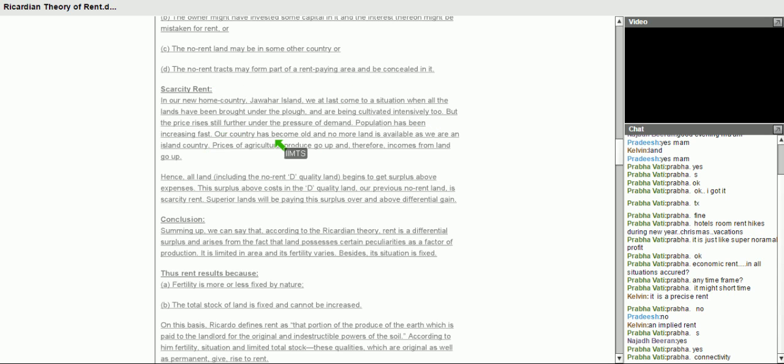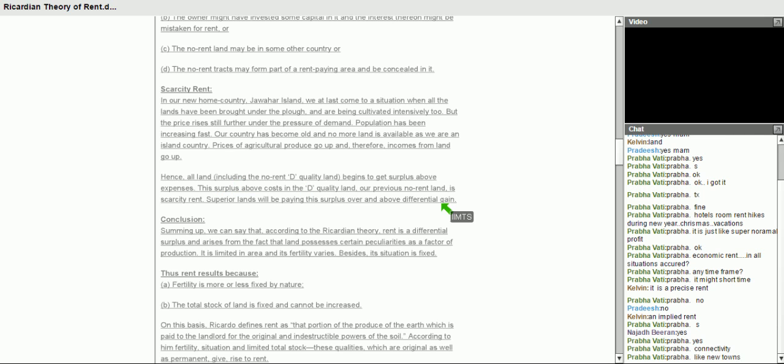But the price rises still further under the pressure of demand. So population has been increasing fast. Our country has become old and no more land is available, as we are in an island country. So prices of agricultural produce go up and therefore incomes from land go up. Hence all the land, including the no rent land D, begins to get surplus above the expenses.